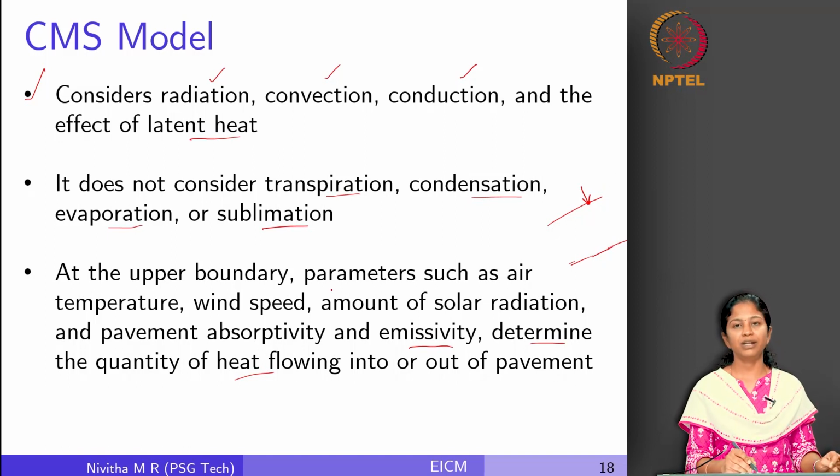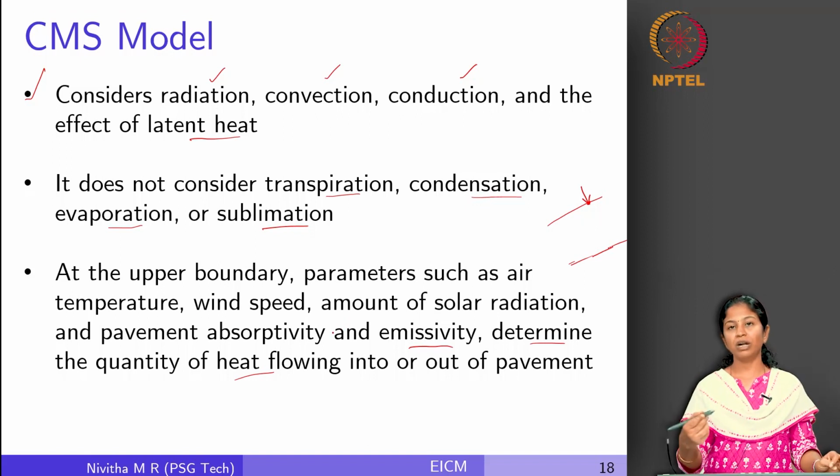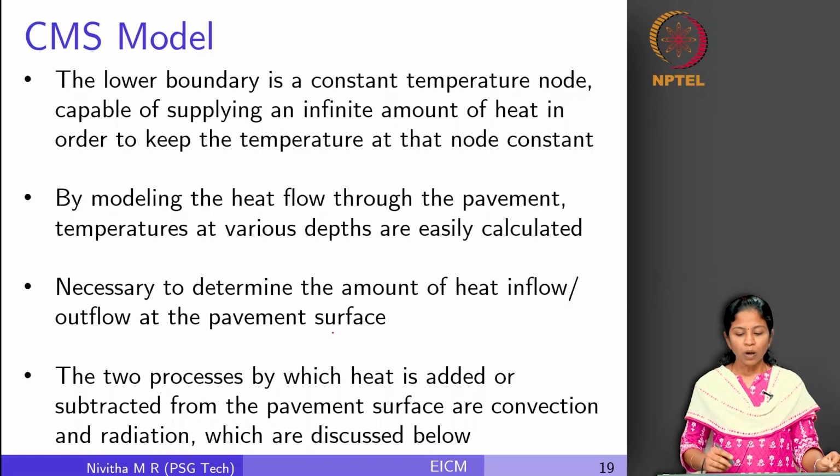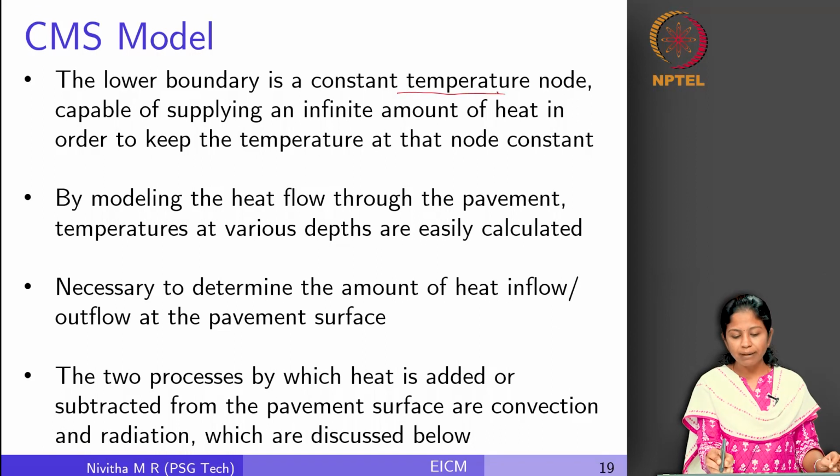It uses an integrated procedure to compute the effect of all these parameters on the correlation between air temperature and pavement temperature. Now the lower boundary is a constant temperature node capable of supplying an infinite amount of heat in order to keep the temperature at that node constant.